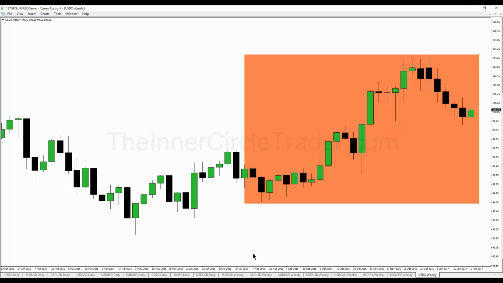Trending environment. So if we see the market making higher highs and higher lows, we're in retracement here. It could be reversal, but we are looking at a trending environment nonetheless. It's not having a difficult time moving outside of its small consolidations and ranges. So it's made a willingness to go higher.